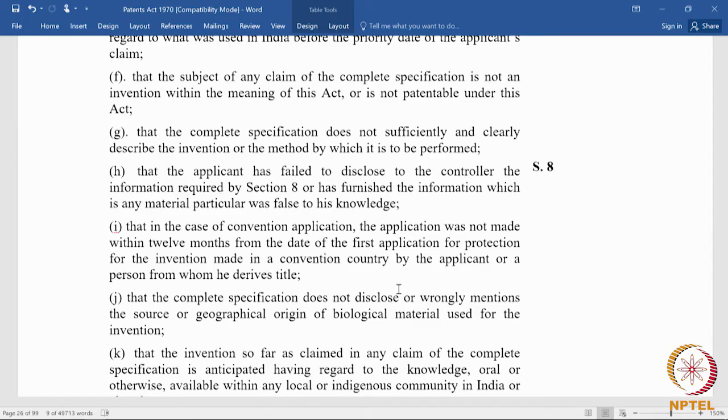So, if you do not describe the method of performing the invention or making the invention, or what you have described in the complete specification is not sufficient or not clear in its description, that can be a ground for challenge.